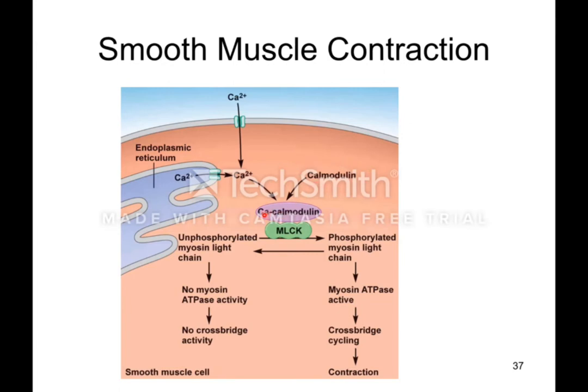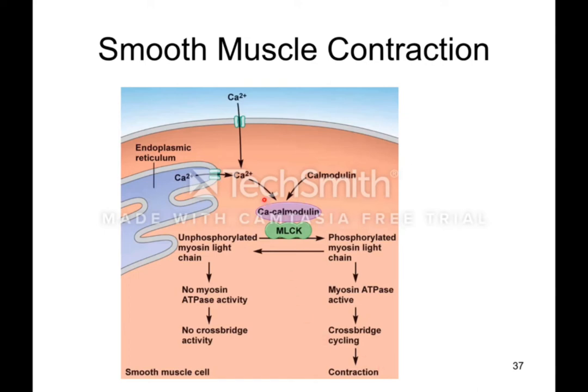The calmodulin and calcium complex activates the myosin light chain kinase, phosphorylates it, and a cascade occurs inside the cell, and finally contraction occurs in the cell by sliding of the myosin and actin together.